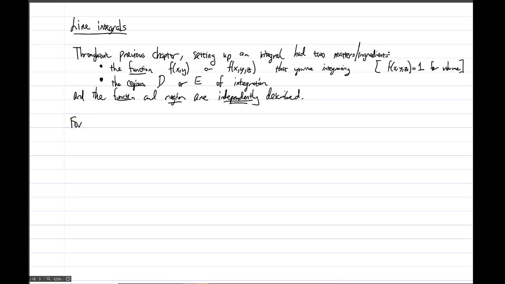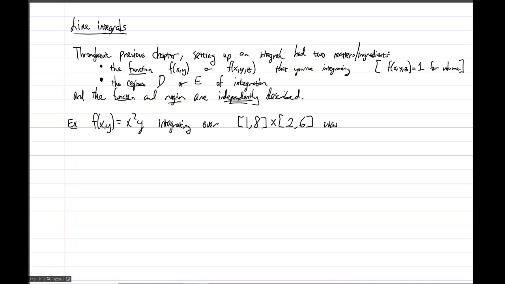So let's look at an example. f of x comma y equals x squared y. So there's the function part. And then maybe we're going to integrate over the following region, say, the filled in box, 1 to 8 for x values times 2 to 6 for y values.